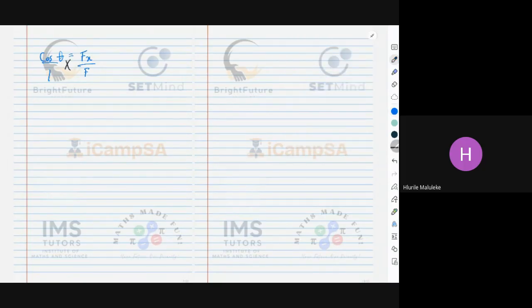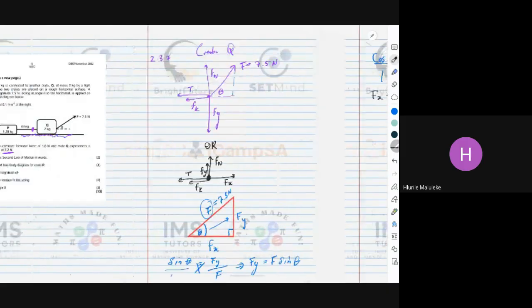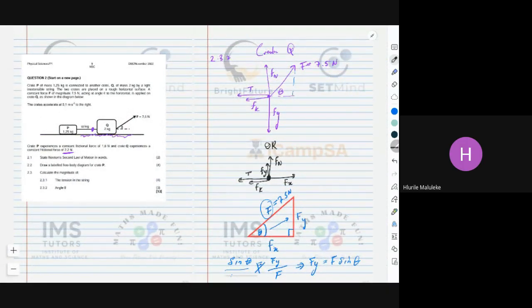So that means you're going to have Fx equals F cos theta, right? So now, oh, I forgot to put the weight here, your Fg. So in this case, we have these forces here, the horizontal ones. Let's look at the horizontal forces, right? So this is going to the positive side. This is to the negative side, okay?